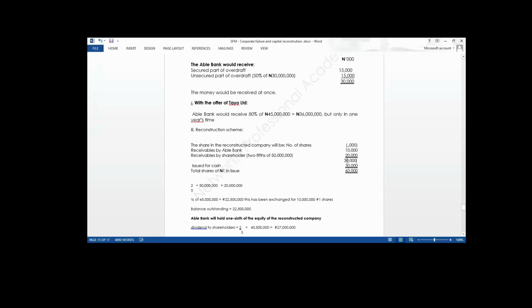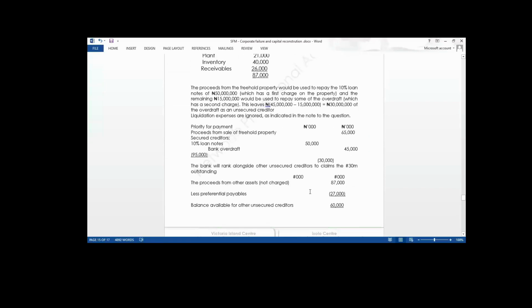That means the bank is only left with an overdraft of 22.5 million, if this proposal is accepted. We have converted 1/2 to ordinary shares. Bank is left with the remainder. Is that clear, please? It's not me that is making the proposal.